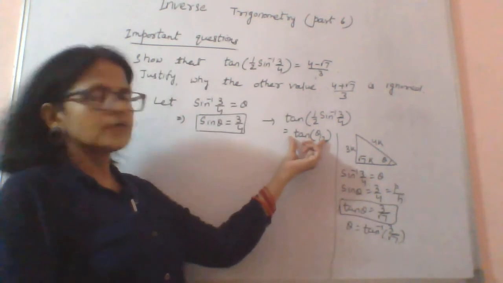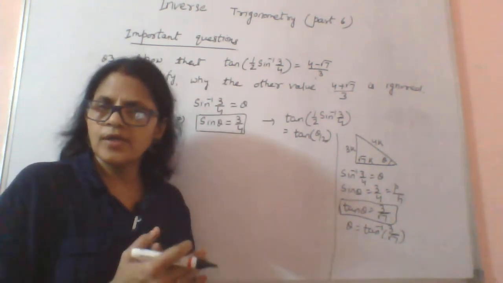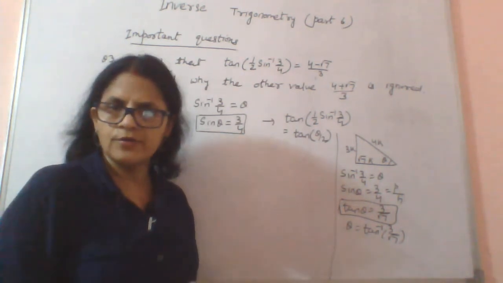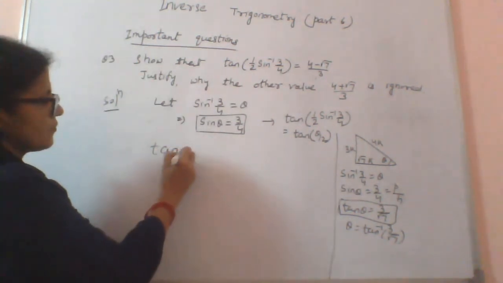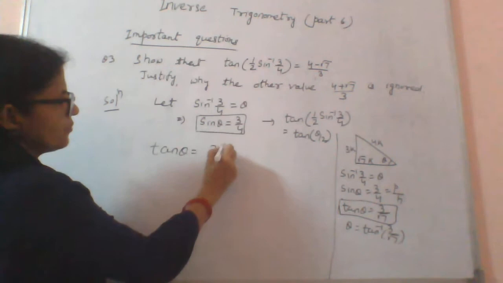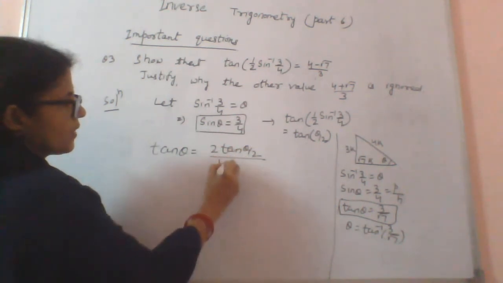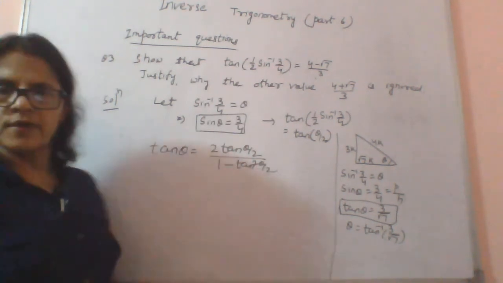We want tan theta by 2. And as you know, there is a relationship between tan theta and tan theta by 2. We know it: tan theta equal to 2 tan theta by 2 by 1 minus tan square theta by 2.